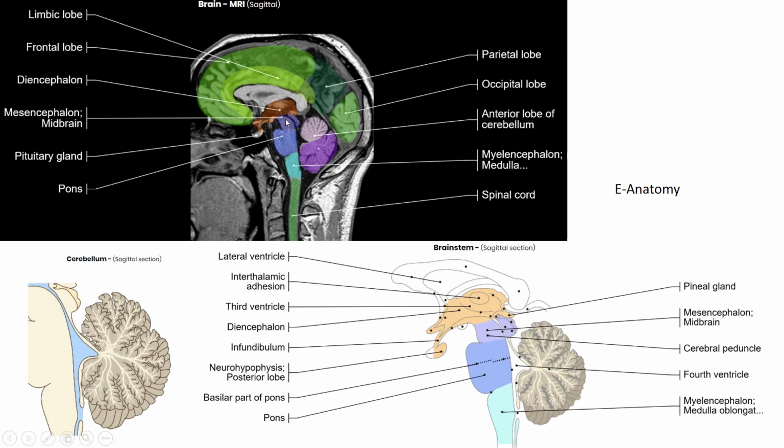And then below that we have the mesencephalon, which includes the cerebral peduncles and the tectal plate. This is in a darker blue, almost purplish color, not to be confused with the purple color here in the cerebellum. And then in this medium blue we have the pons. And in this light green here, we have the myelencephalon, the medulla. And then we have the cerebellum here in the light and darker purple.